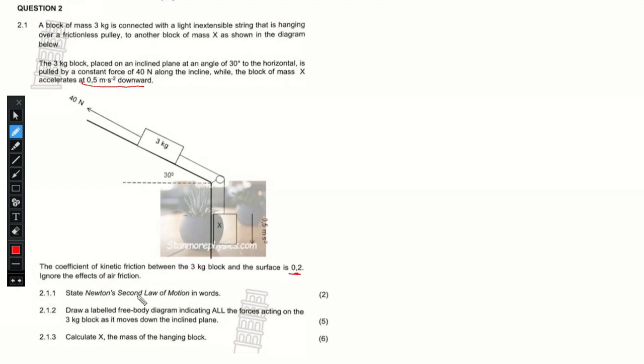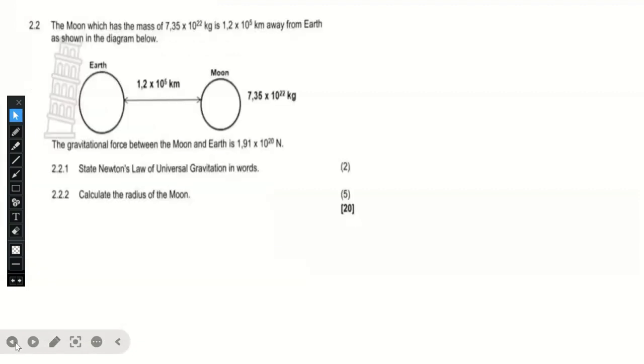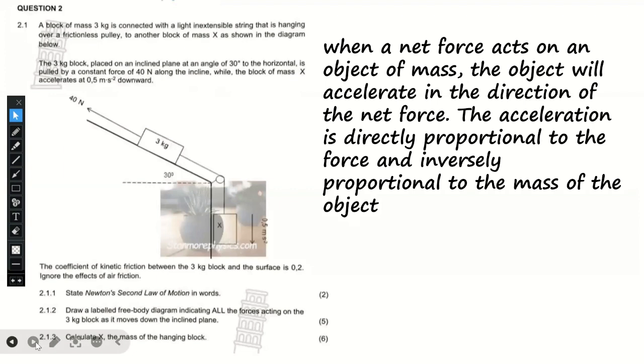Okay, so now we have 2.1.1. It says state Newton's second law of motion in words, right? So when it comes to the definition, you have to state it as it appears in your CAPS document. So do not try to be smart and write the definitions according to your understanding. You need to write them as given in the CAPS document, right?